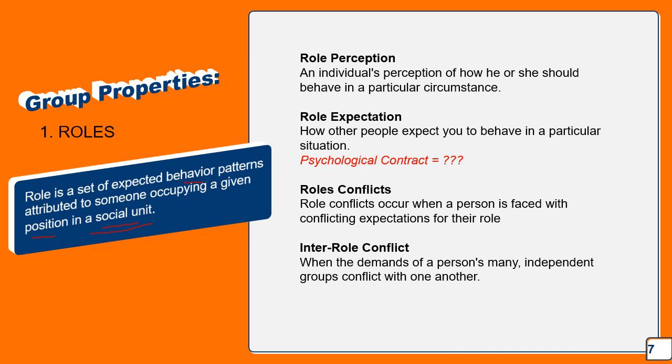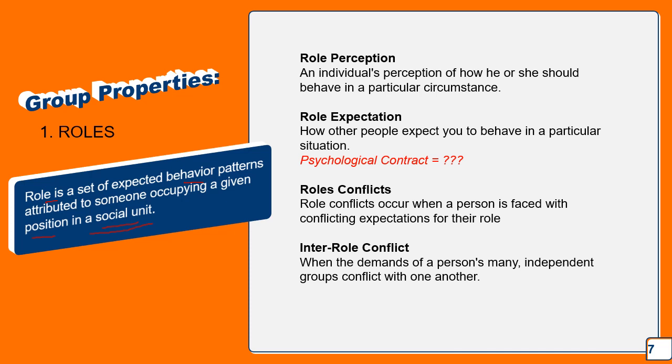So that is what we call role. In Malay, it is translated as peranan. So with a particular position, a person is expected to show certain kinds of specified behavior. As a manager, this is the behavior that should be shown by a manager. As a secretary, this is the behavior that should be shown by a secretary. So that is what we call role.